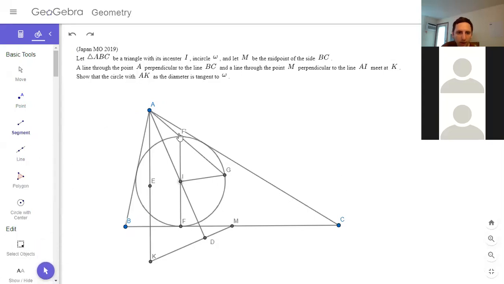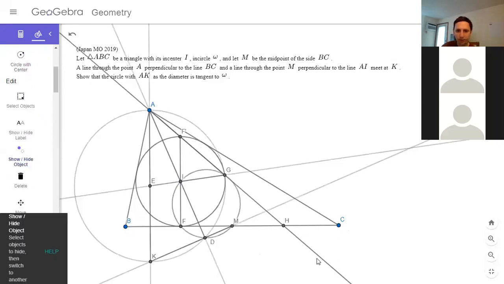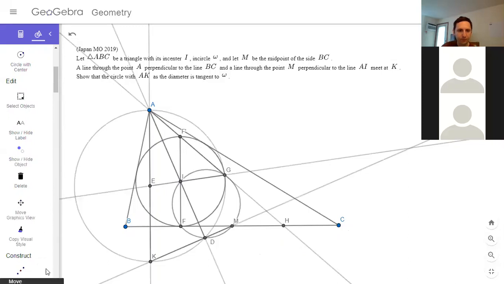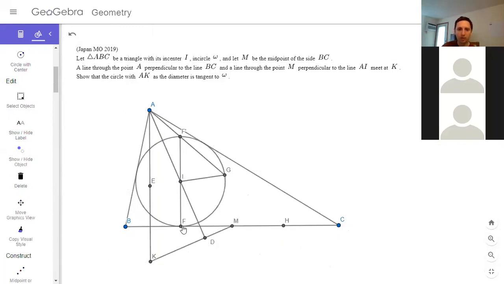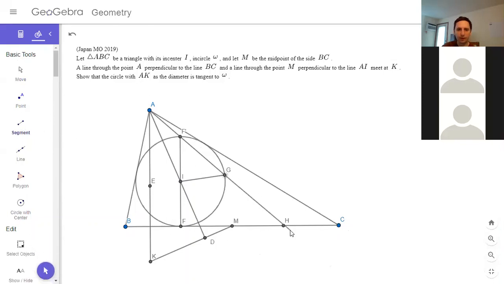And I think that's true. Yeah, because it's well known that FM is equal to MH, right? And also we have IF is equal to IF prime.